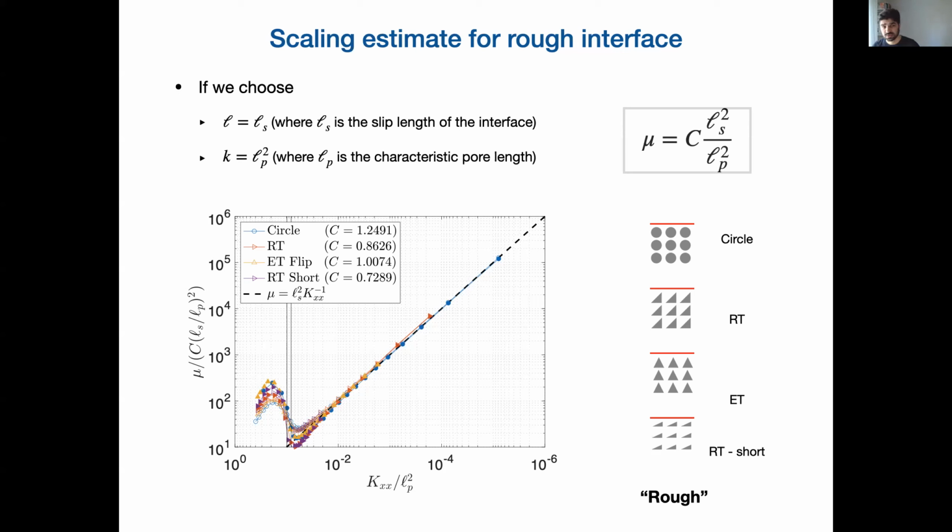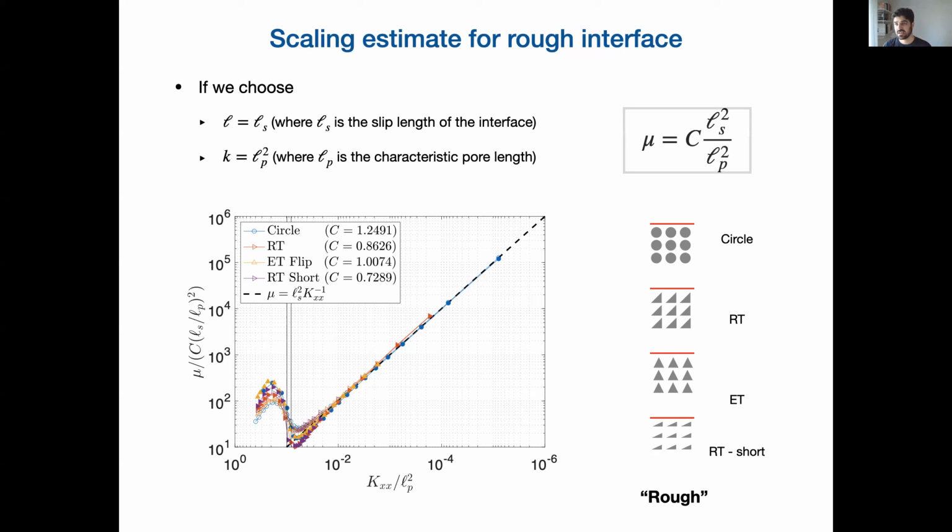We can also introduce a length scale for the permeability, which we call the pore length scale, and we call that LP. So LP squared is some characteristic permeability, and we get the expression to the right: mu equals C LS squared over LP squared. And if we plot this expression as a function of the interior permeability of the system normalized with the pore length scale squared, we can see that all of these different geometries fall on top of each other.